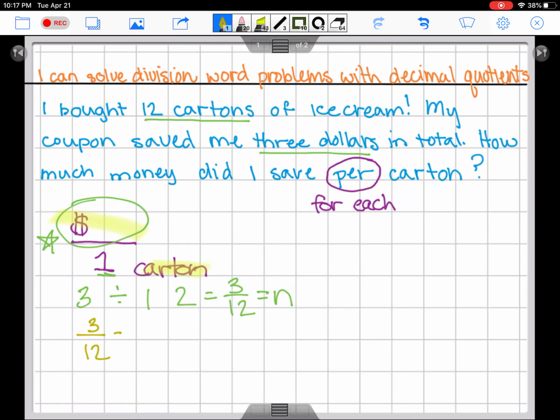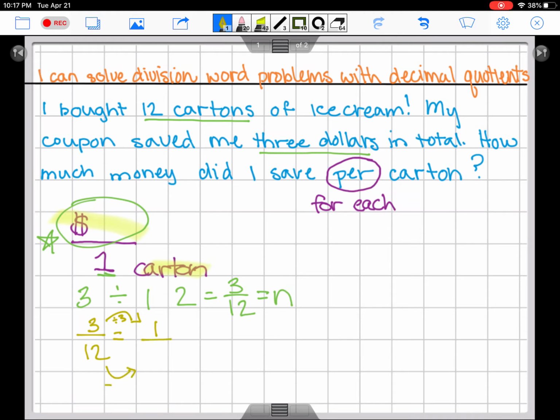One thing you guys might be looking at right away is simplifying. 3 over 12. You know that you can divide each of these by the same number. Right away, I already know 3 can only be divided by 1 and 3. I can't divide it by 2 in order to get whole numbers, that is. So I also know that I can divide 12 by 3.